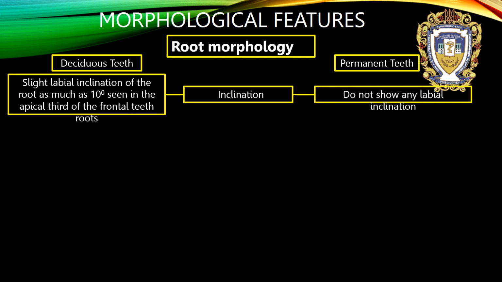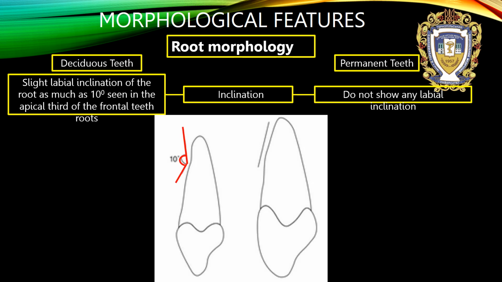Permanent teeth don't show any labial inclination. What does it mean schematically? Temporary teeth roots show slight labial inclination, as much as 10 degrees in the apical third of the frontal teeth roots, while permanent teeth don't show any labial inclination.